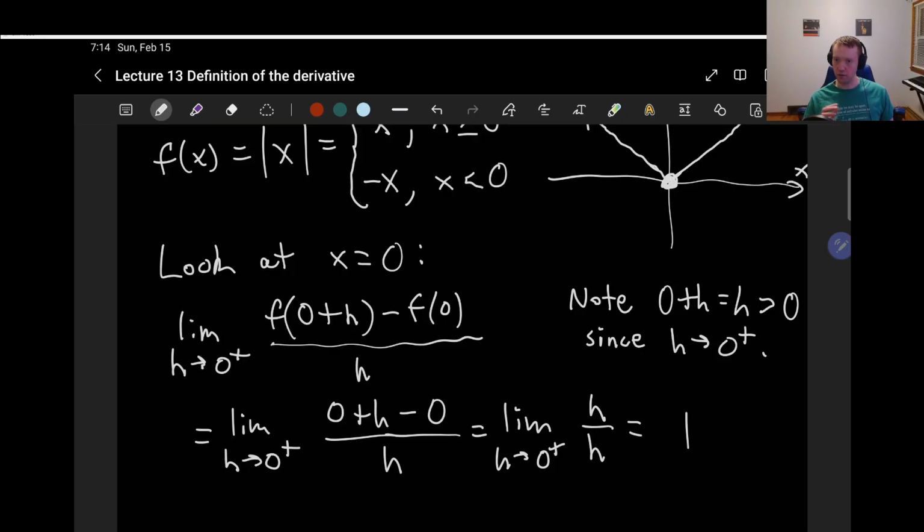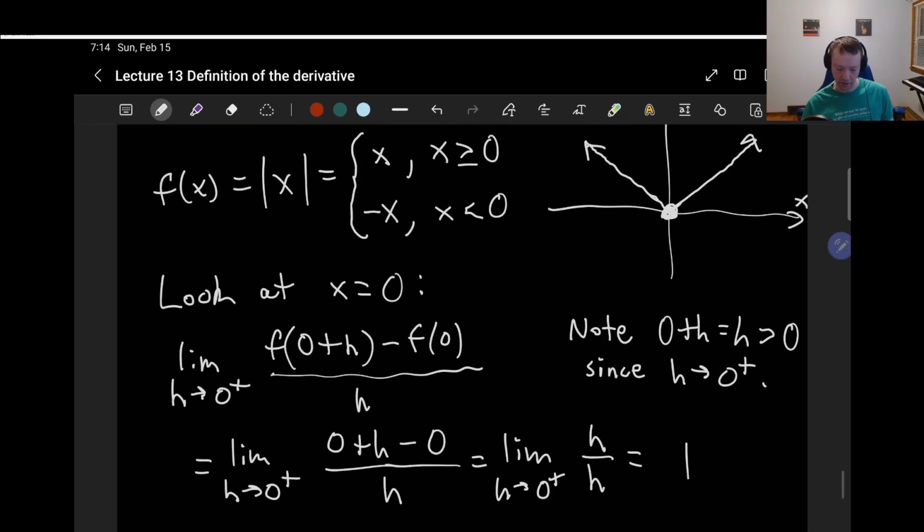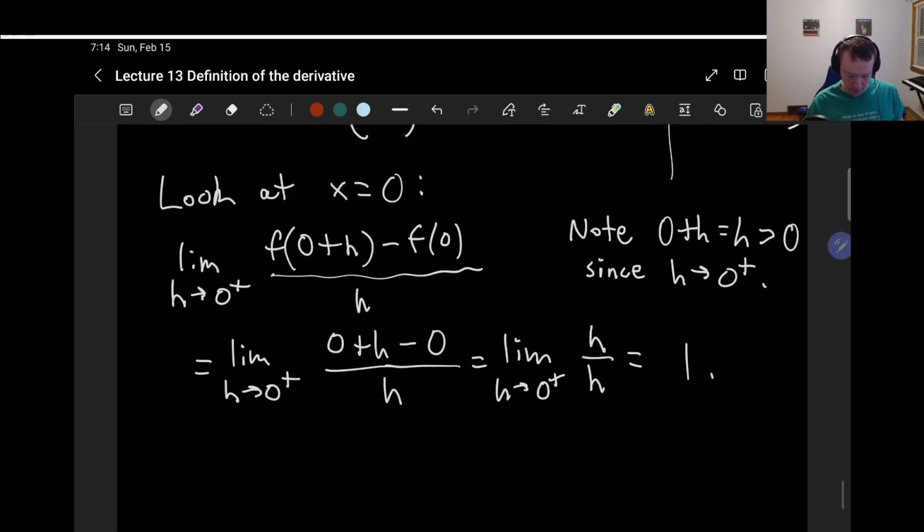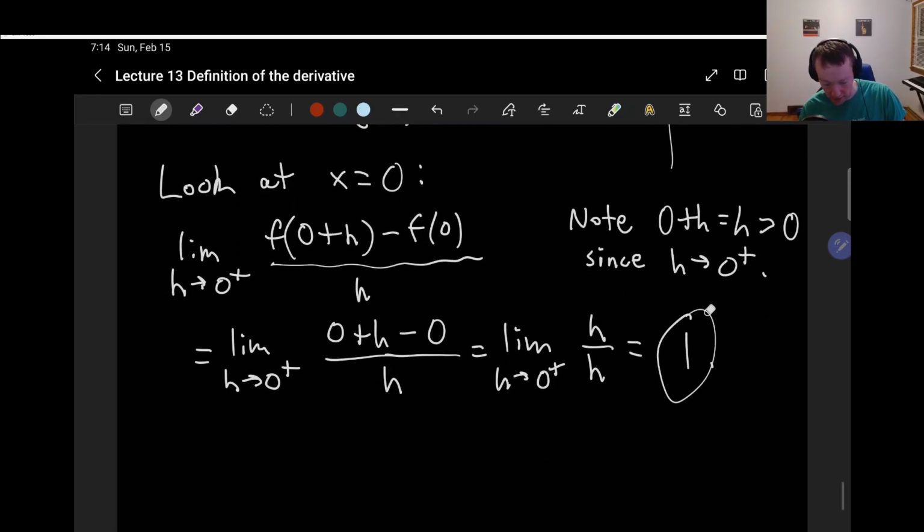So that's the right-hand limit, or the right-hand derivative, if you will. Notice that it's the slope of this line, and that's no accident. Because the tangent line is just the line itself, because it's already a line. So this is the slope of the tangent line on the right side.